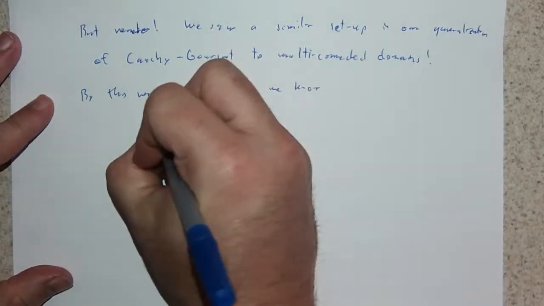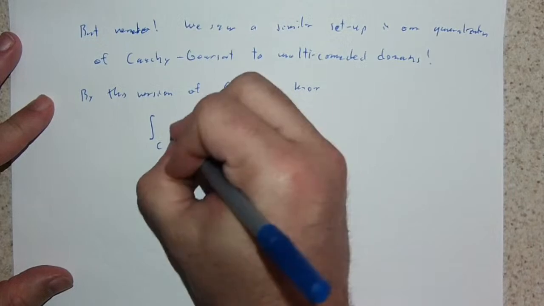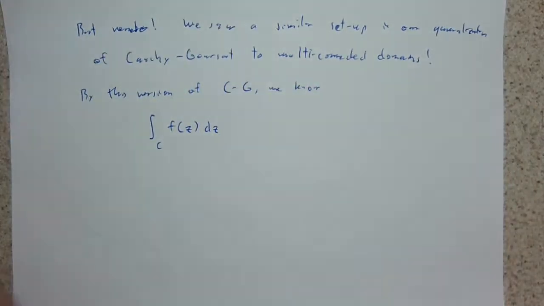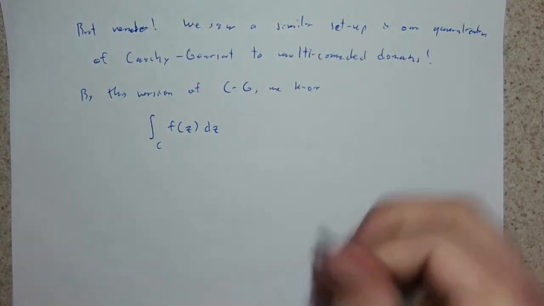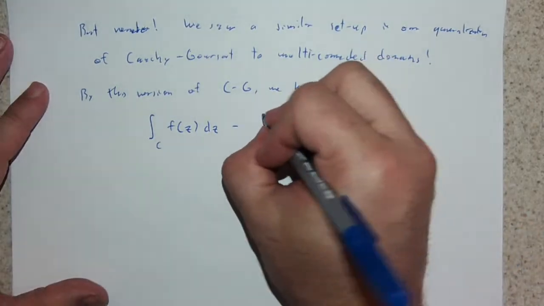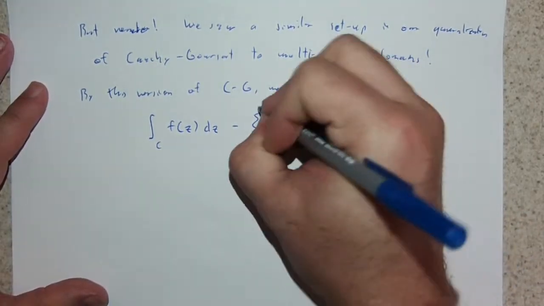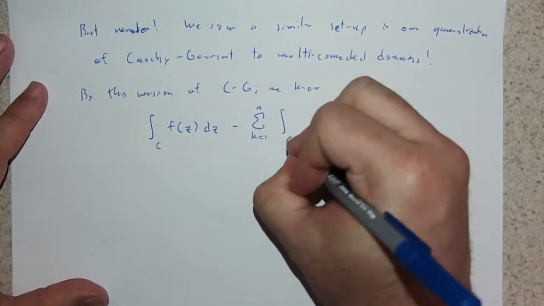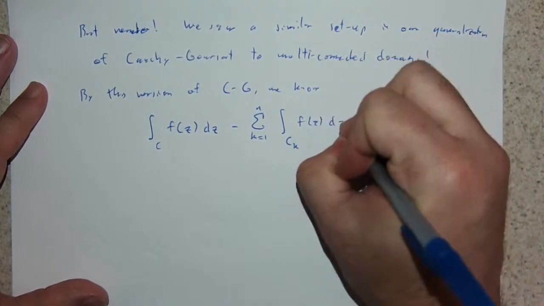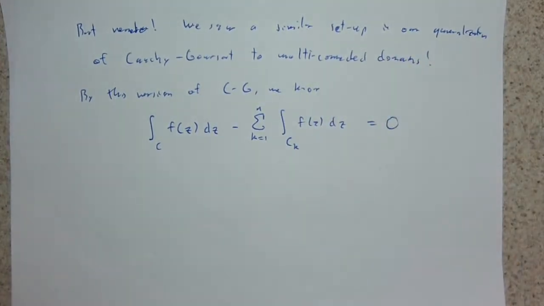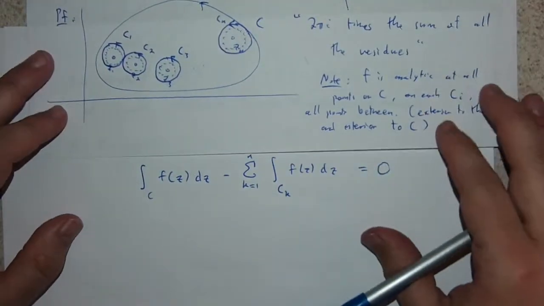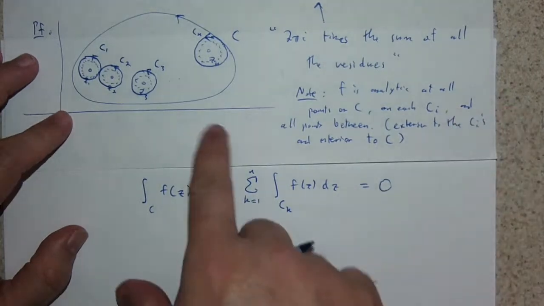So we know, for instance, that this contour integral over that region could be computed as the contour integral of f over C minus, because they have the same orientation, the sum from k equals 1 to n of the contour integrals over the C sub k's of f of z dz. And this had to be equal to 0, right? So remind yourself, this is the setting. This is our application of Cauchy-Goursat.